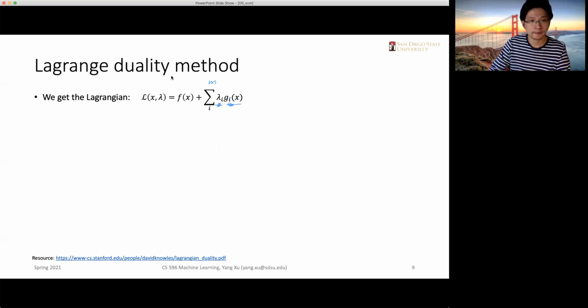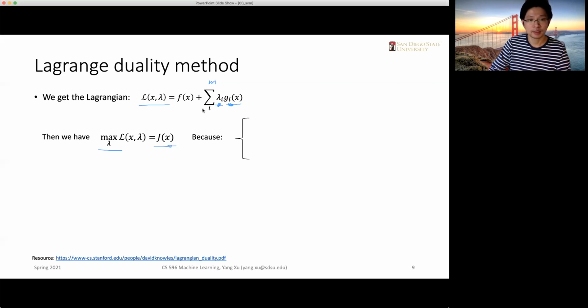Now we have this problem, which is to maximize the Lagrangian with respect to lambda. That will give us the auxiliary function.